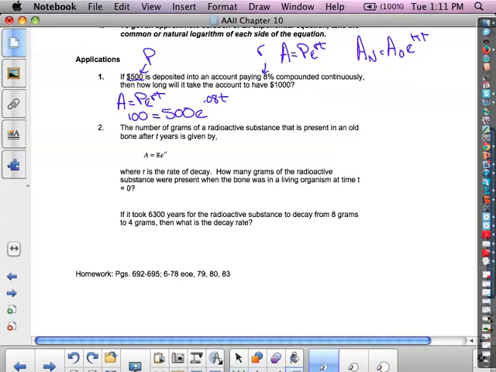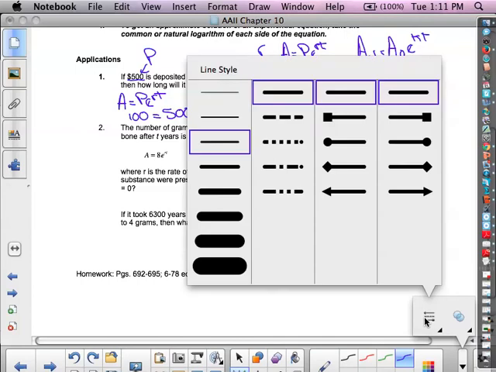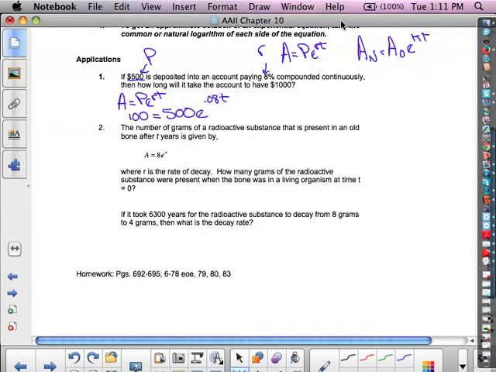You want to isolate base e, so divide both sides by 500, and you get 2 is equal to e to the 0.08t. Now when you have your variable in the exponent, this is where logs really are useful.